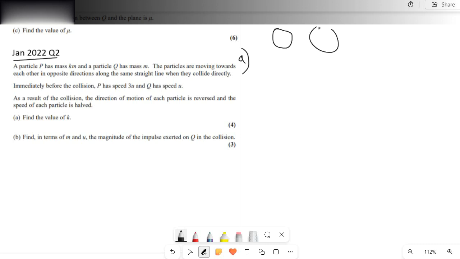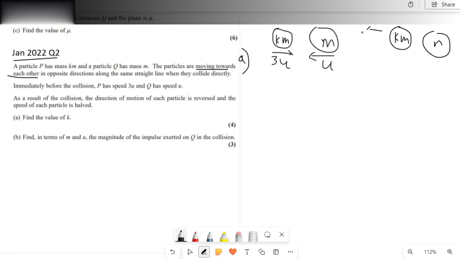If this is P and this is Q, this is after the collision. P has a mass of km, Q has m. Similarly, this is km and this is m again. So we know that initially P had a speed of 3u, Q had a speed of u, but in the opposite direction as they are moving towards each other.